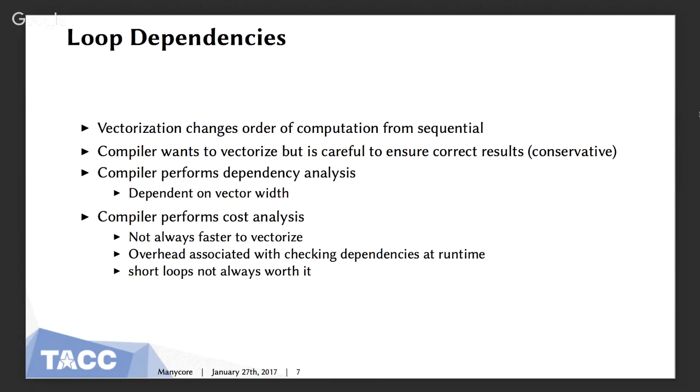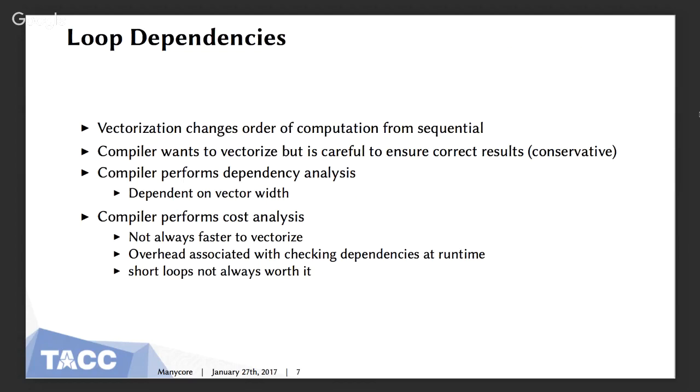And so what it does is it performs a dependency analysis. This analysis does take into account the actual width of your vectors. If you're only vectorizing over 4 data elements and your dependencies are 5 data elements apart, then it's not a problem. And you'll see what I mean by this, I think on the next slide or two.